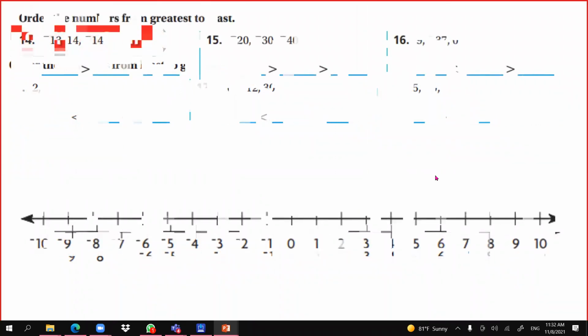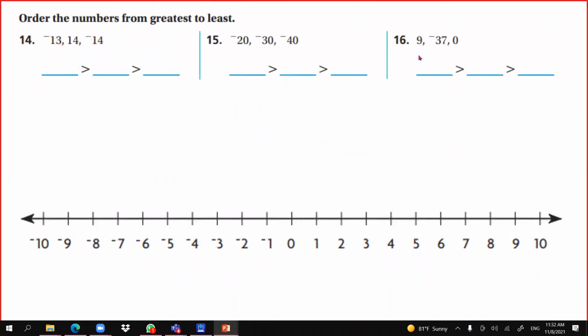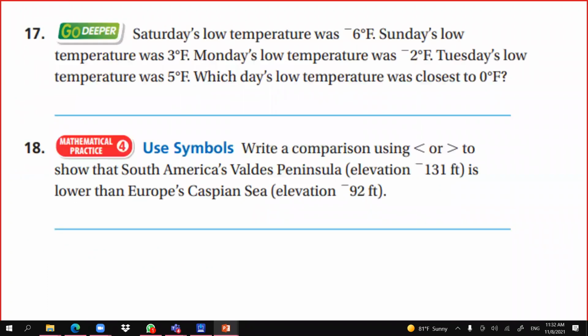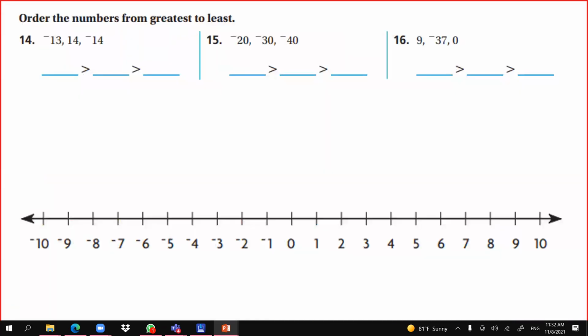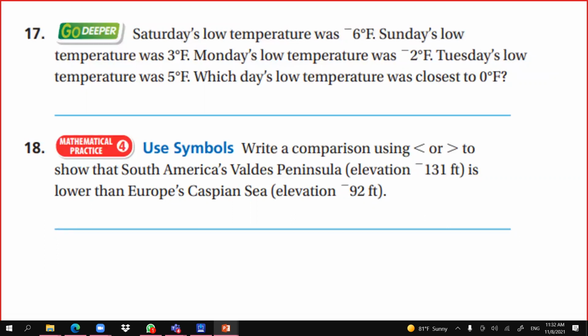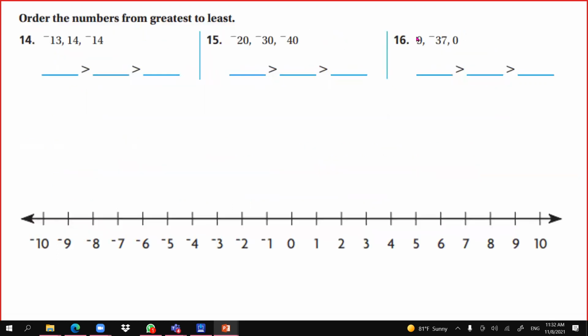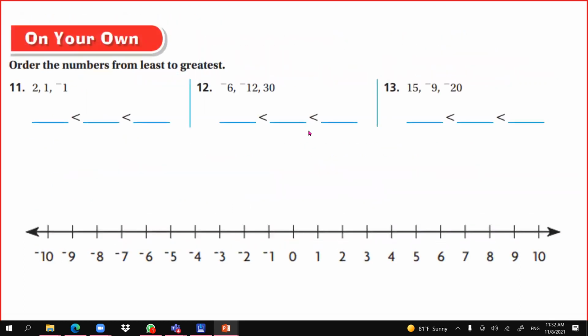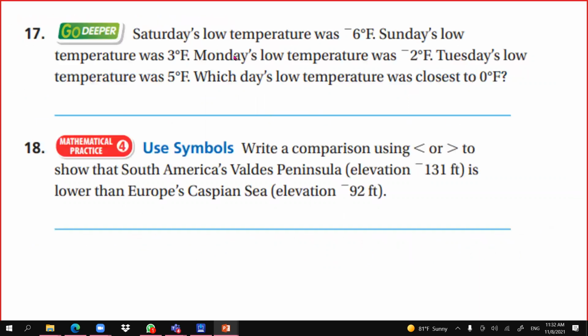Now, where did we stop? Did we stop at number 16? So now, number 17. Saturday's low temperature was negative 6 Fahrenheit.